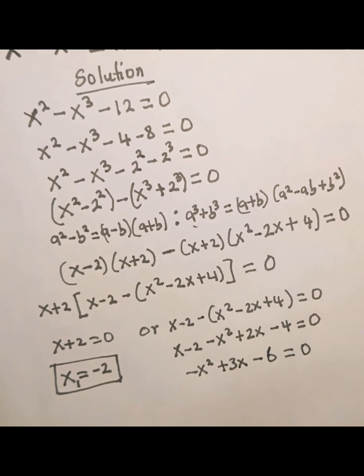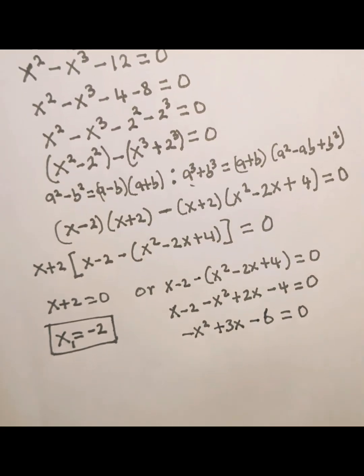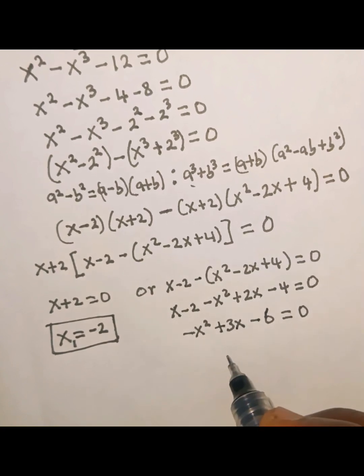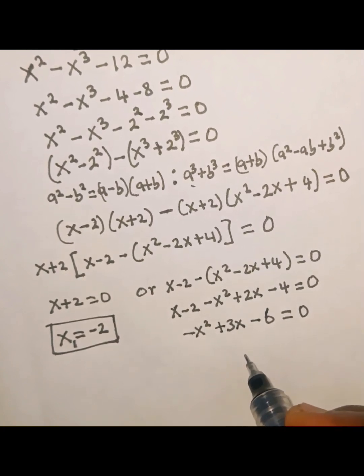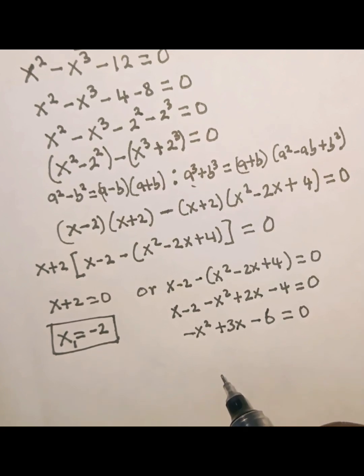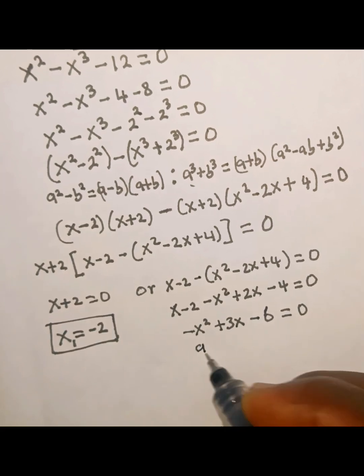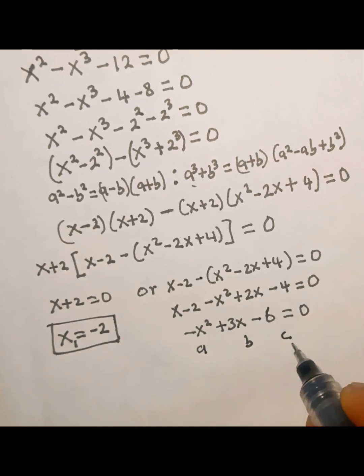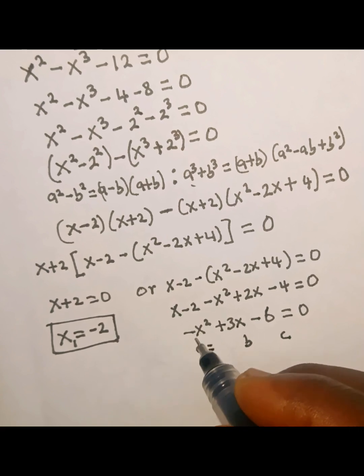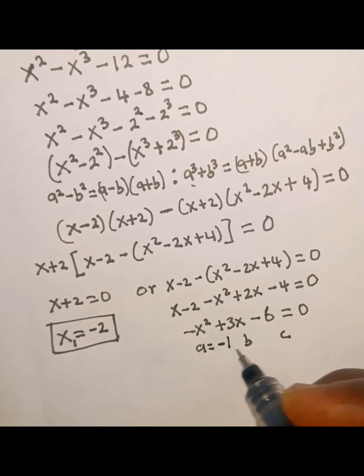Here, what do you notice? We have quadratic equation. And in solving quadratic equation, we have different methods of solving quadratic equation. Now let's apply formula method. In using formula method to solve quadratic equation, remember we have only three unknown variables, which are a, b, and c, where a is the coefficient of the first term, which is the leading coefficient, and the leading coefficient here is -1.